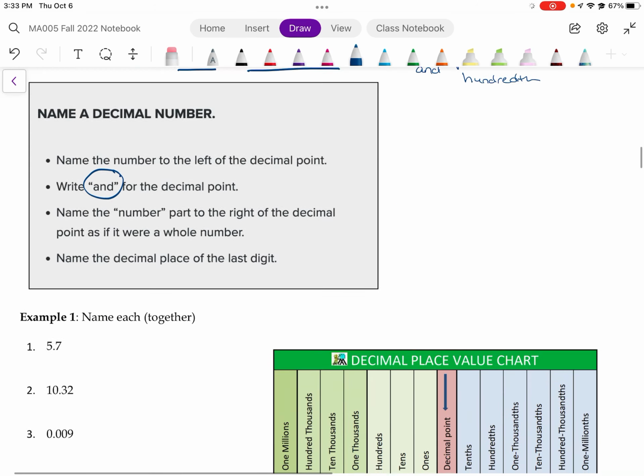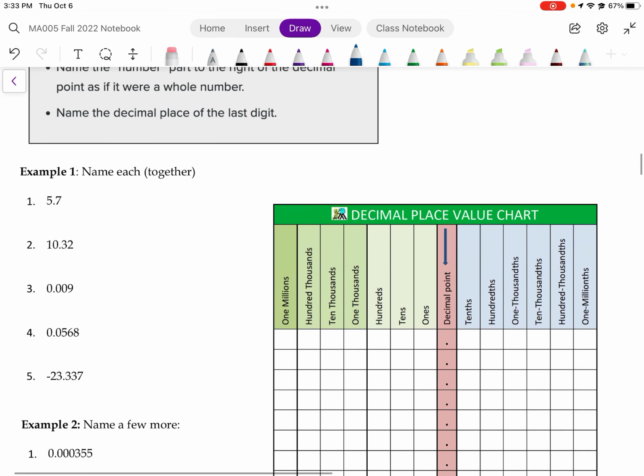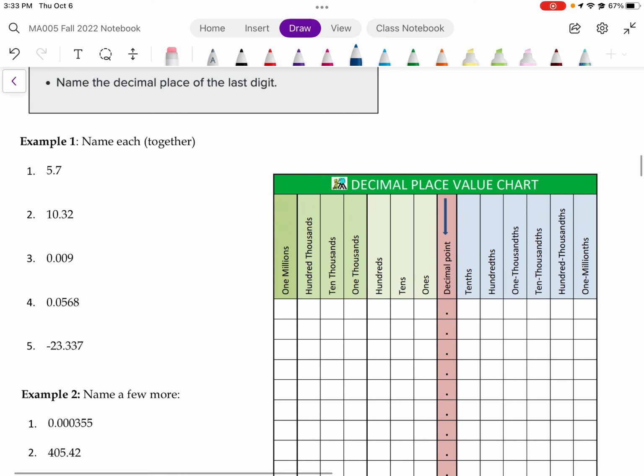All right, name each. We're going to do this in class together, and then I'm going to have you do a few on your own. First, let's try these together. So 5.7 becomes, and I'm going to come down here and put this in my chart. So 5.7, so I can see the place value of the last one.